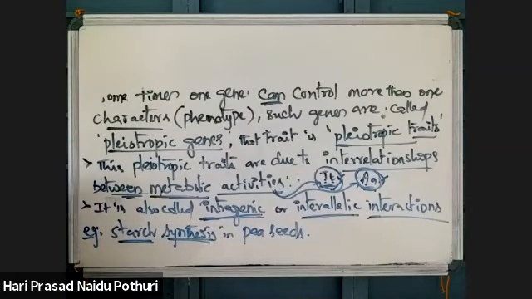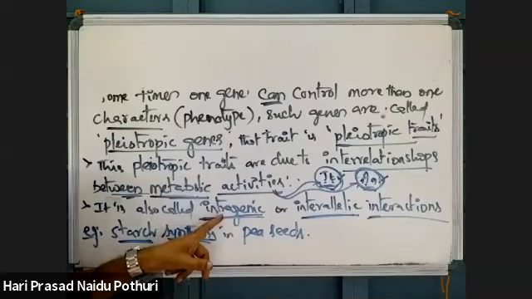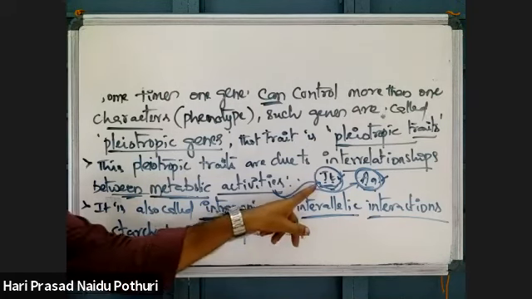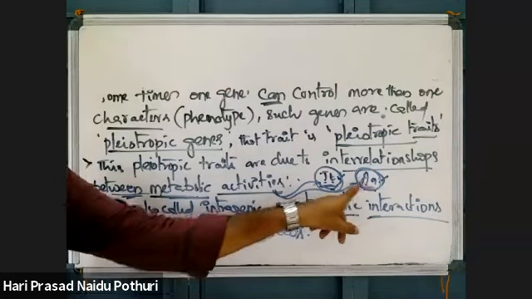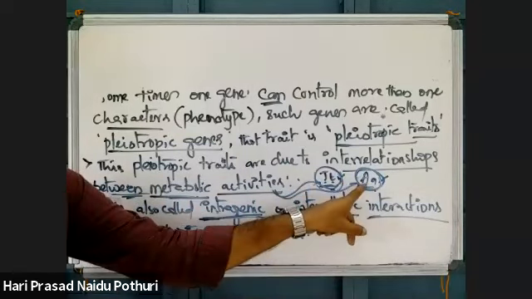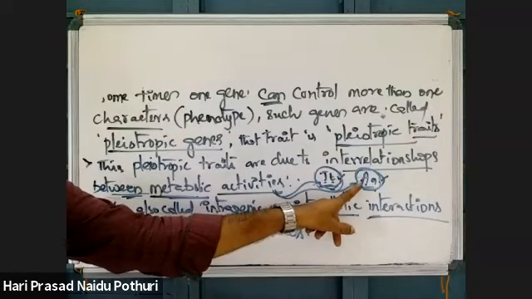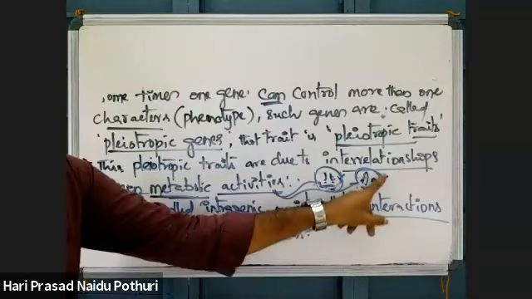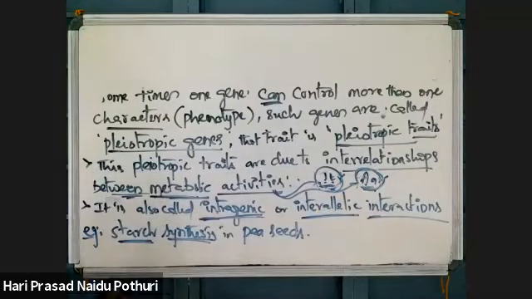Complete? Second point, which one? This one or this one? Intragenic. Intragenic means one gene is interacting with two phenotypes. That's why intragenic. Interallelic: these alleles are different, those alleles are different, so that is called interallelic.